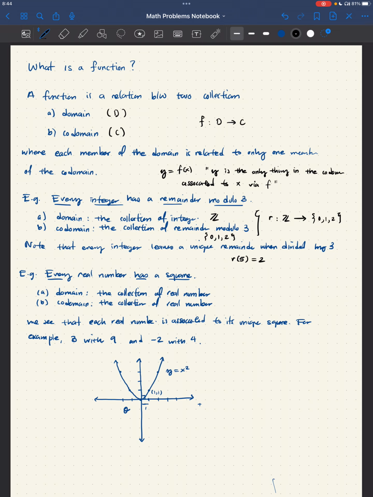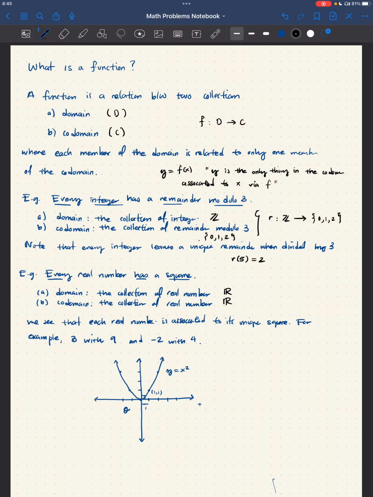Right? So, in the second example, since the domain is a collection of real numbers, which also has a special symbol, the boldface R, the codomain is also the same thing.